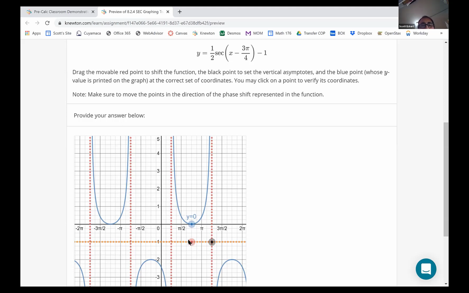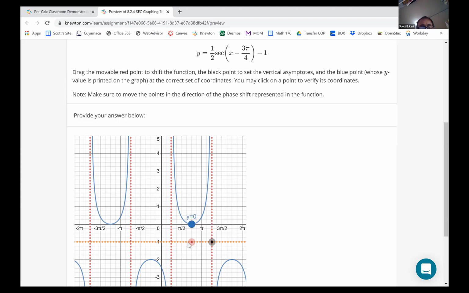What's the next adjustment we should do here? Amplitude, right? And so right now, what is the amplitude? Well, no, the amplitude is 1. And Alan, you're telling me what it should be, and you're correct. What it should be is a half.